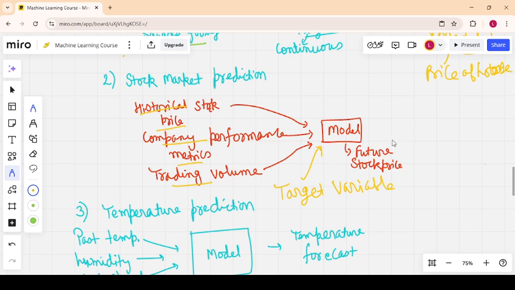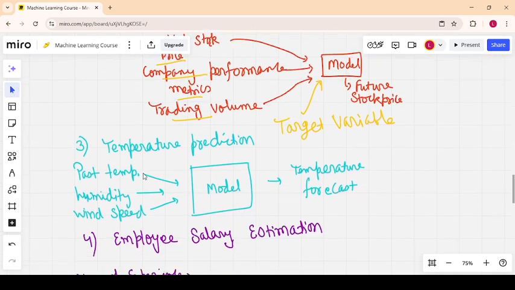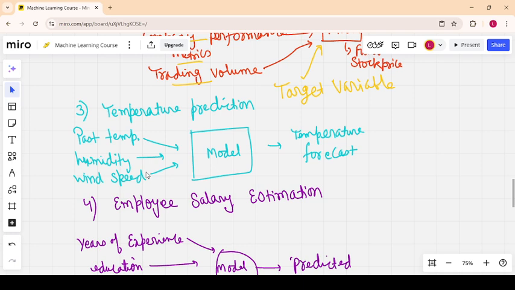and we can use this for stock price prediction. And similarly, if you try to forecast the temperature, which is used widely, we will give a number of features that define what the temperature should be in future.